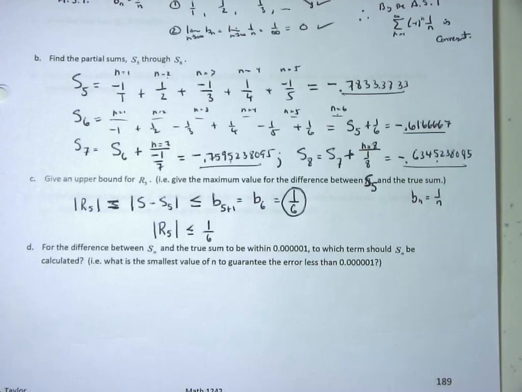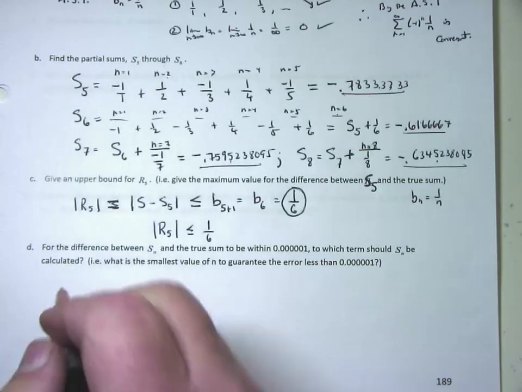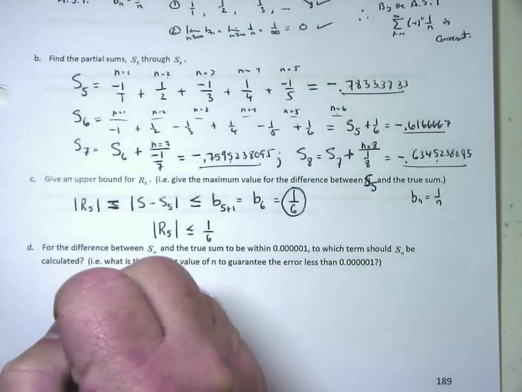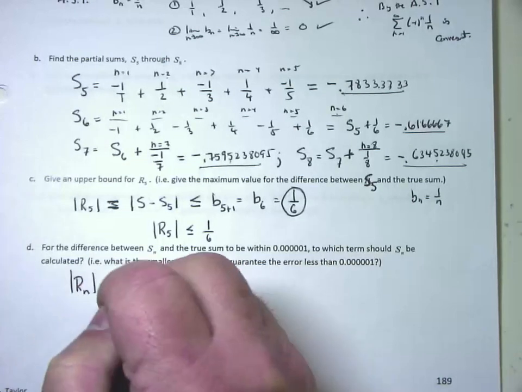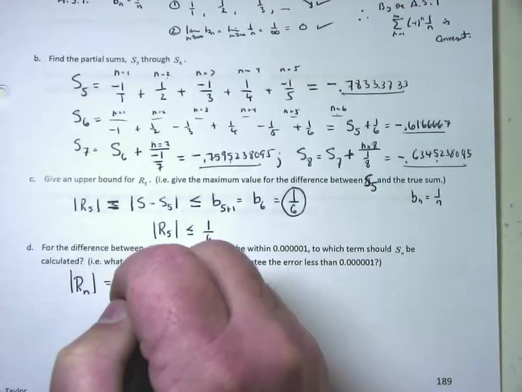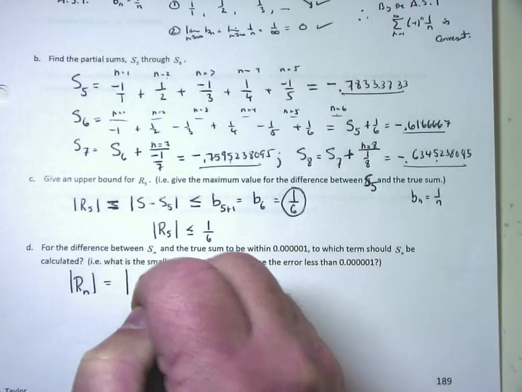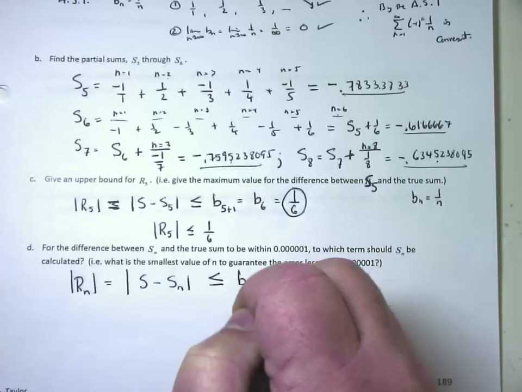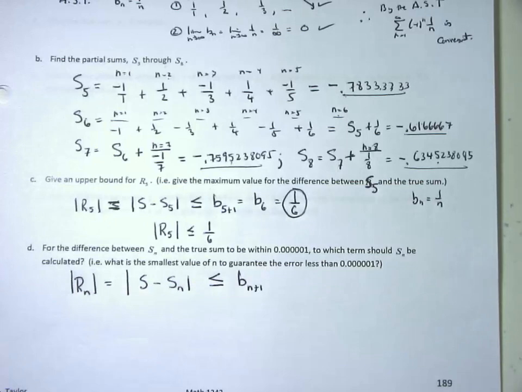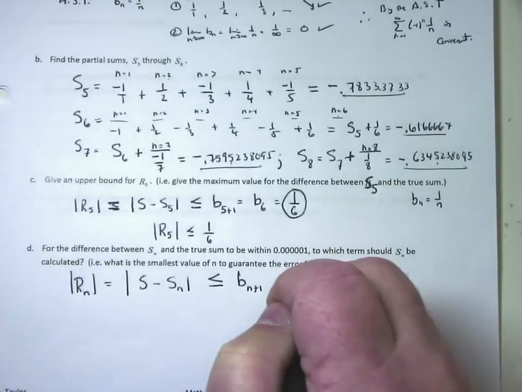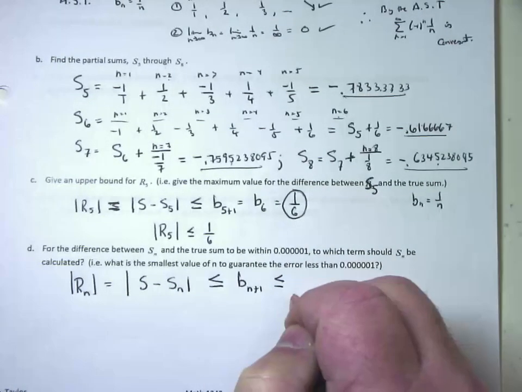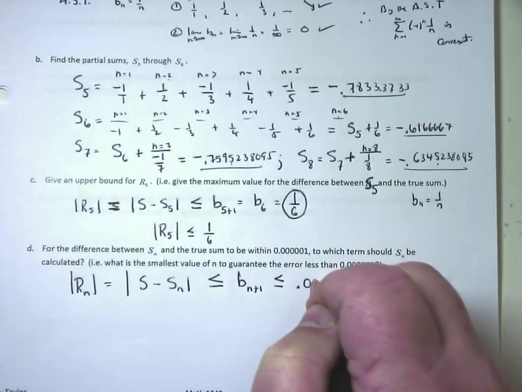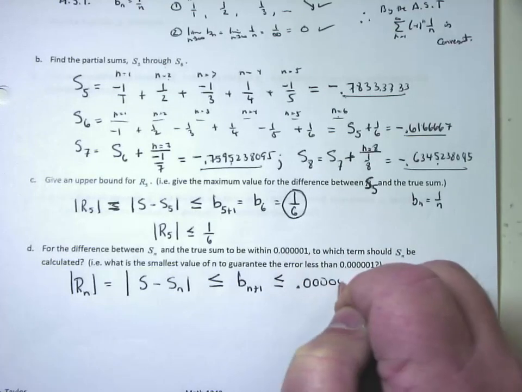So this is what you do. We know the formula, Rn, which by formula is the absolute difference between the true sum and the partial sum, and that's less than or equal to Bn plus 1. This is my formula. And we want this to be less than or equal to my tolerance, 0.000001.